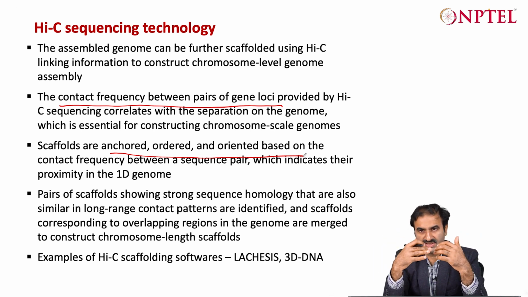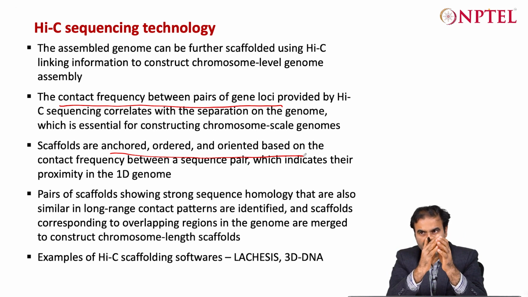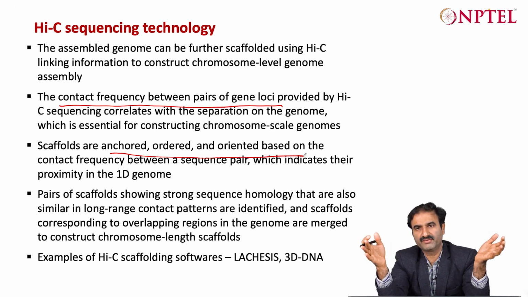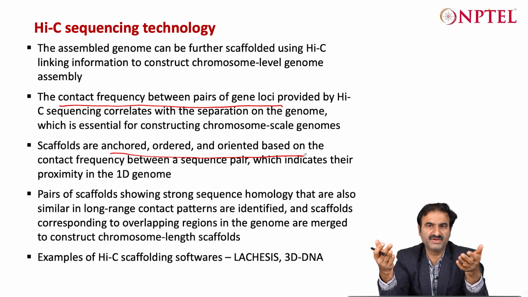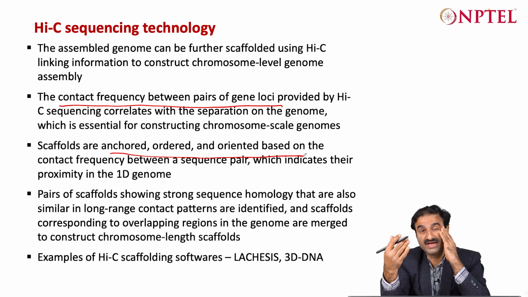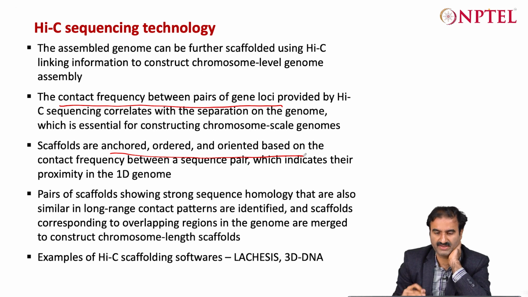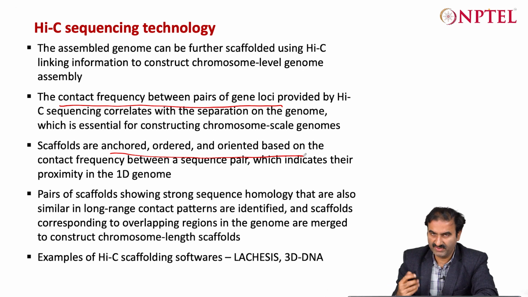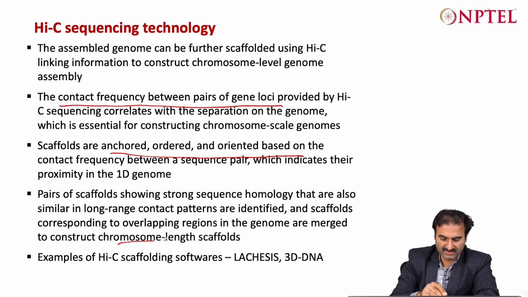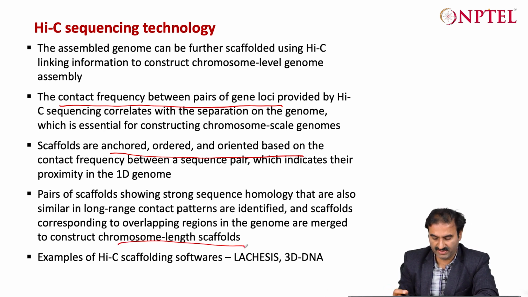Or you could connect multiple together to form an even longer scaffold, ultimately reaching the chromosome. That information we get from the Hi-C sequencing, right? And so these will help you construct chromosome length scaffolds, which we just discussed.